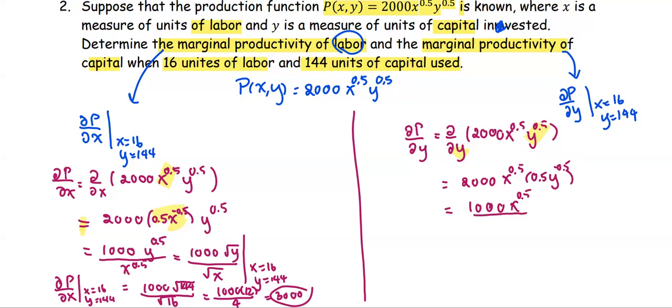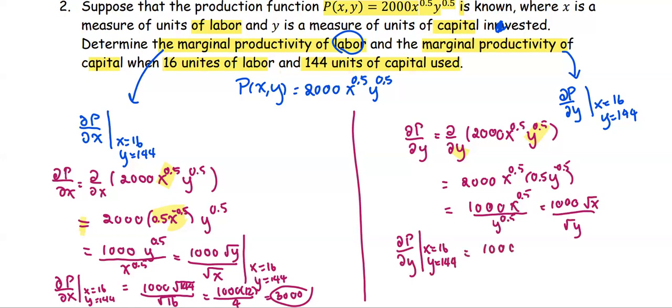And then the y with the negative power, we bring it down to make it a positive power. Or we write it in the nice looking form as 1000 times square root of x divided by square root of y. And then we're going to evaluate the marginal productivity of capital, or the partial of P with respect to y, when x equals 16 and y equals 144.